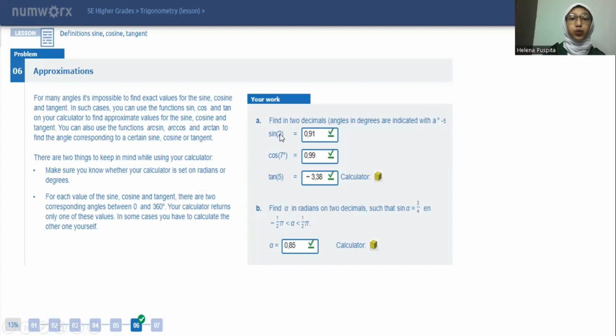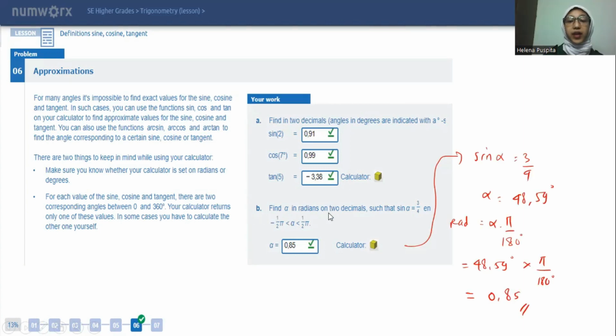So sine 2 equals 0.90 radians. Cos 7 degrees equals 0.99. Tan 5 equals minus 3.38.